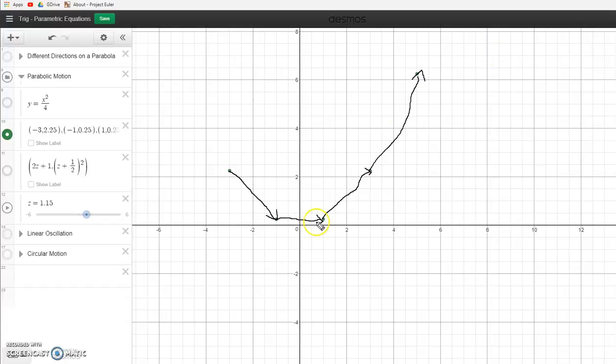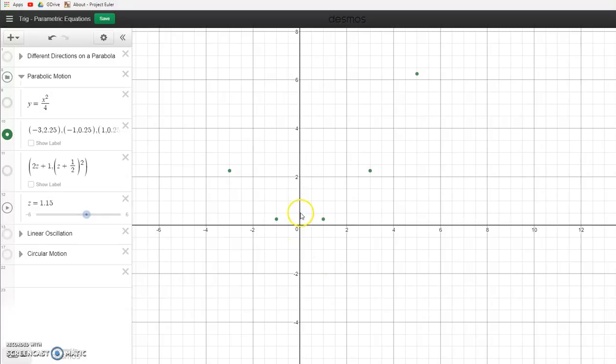Now we can kind of deduce that this is a parabola, but at the same time, does this vertex end up being exactly here? Does it go further down? Does it do some weird nonsense in between? I just don't know. I haven't plotted enough points to know for sure.